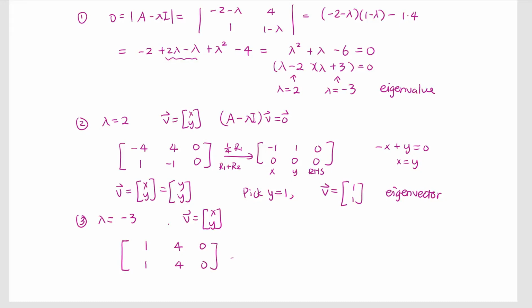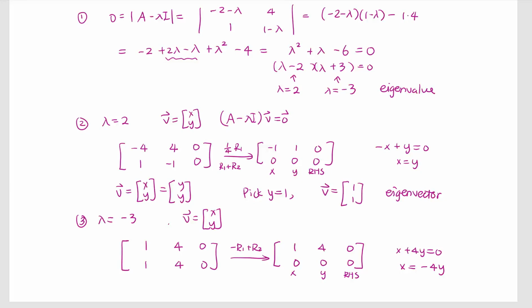Oh, you see? We always get the second row 0. That's always the case. Then we have x, y, and this is the right-hand side. This guy tells us that x plus 4y is 0. So x equals negative 4y.